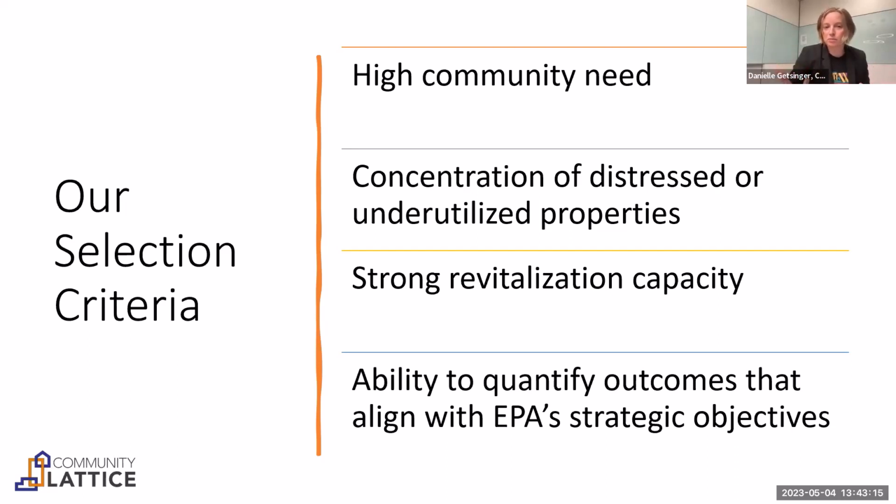So you have distressed properties, an abundance of them. You can describe the need for the funding to address those, but you're also describing the effects and challenges of those brownfields on the community. We're looking at health disparities, economic disparities, and social and environmental injustice within those communities.